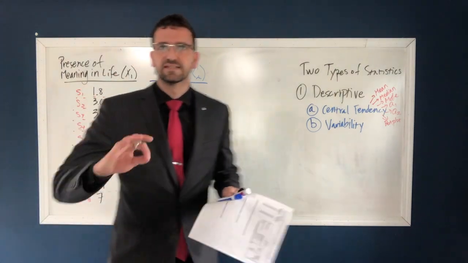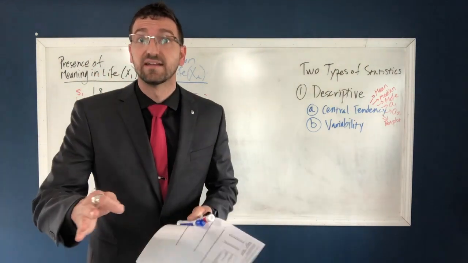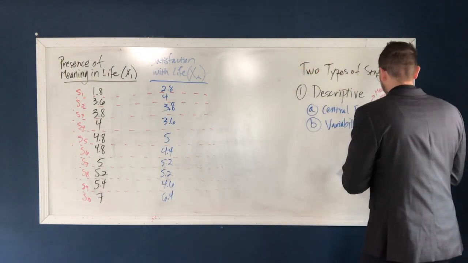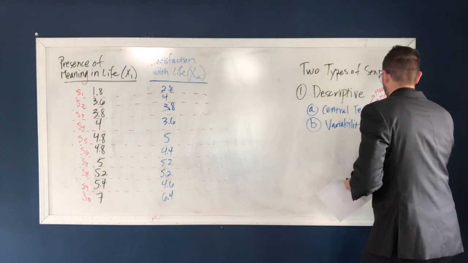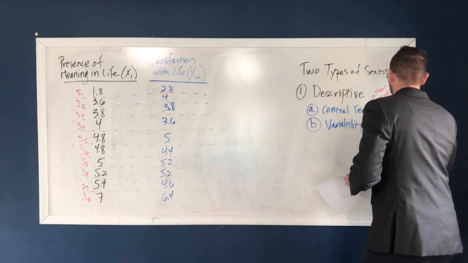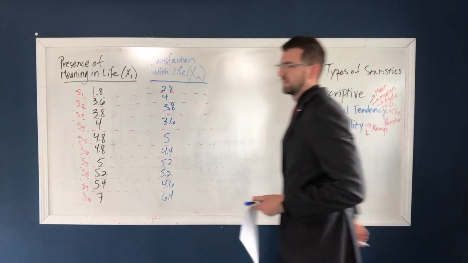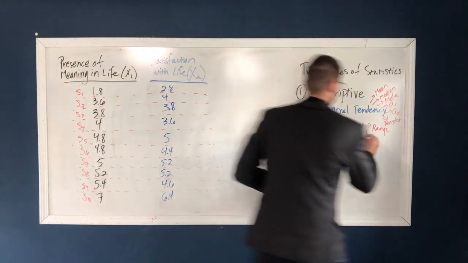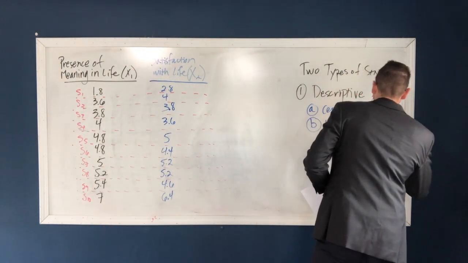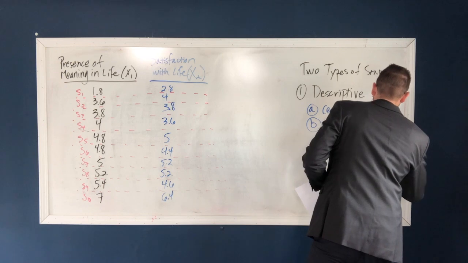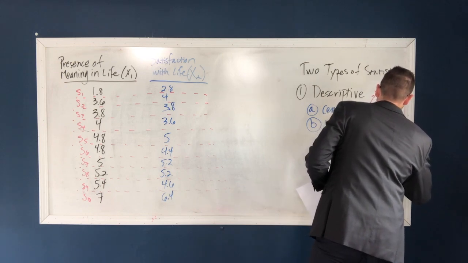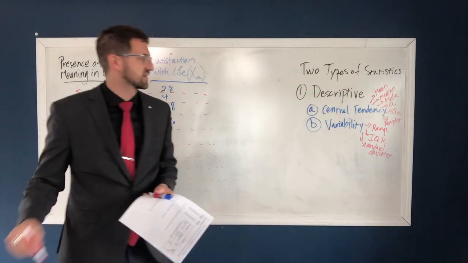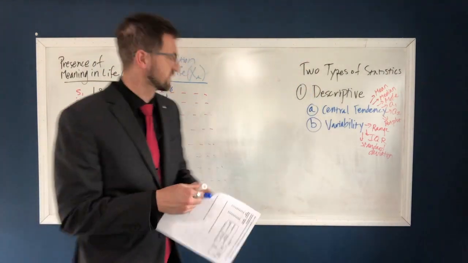Whereas variability is going to talk about the spread of the data. So the most simple index of variability is the range, and the interquartile range. But probably most important, we talked about the standard deviation.